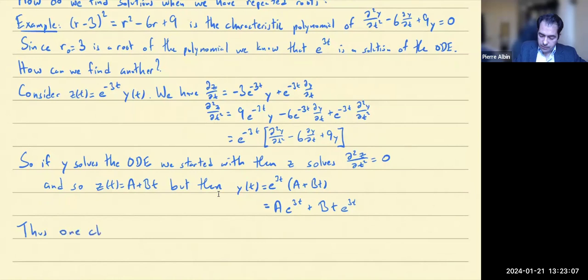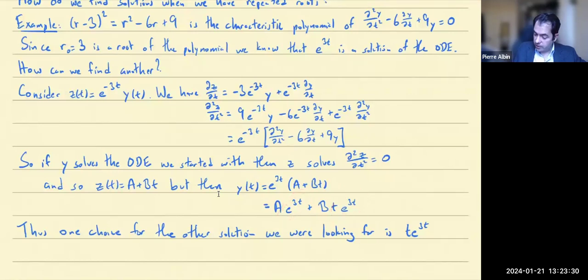Thus, one choice for the other solution we were missing is t e to the 3t, right? You have that solution, you have this solution. And we know this is the general solution because this is the general solution to this. And here we saw that those equations were equivalent.